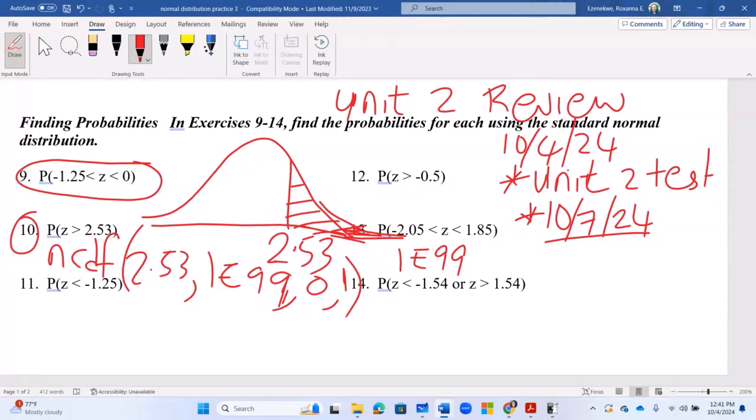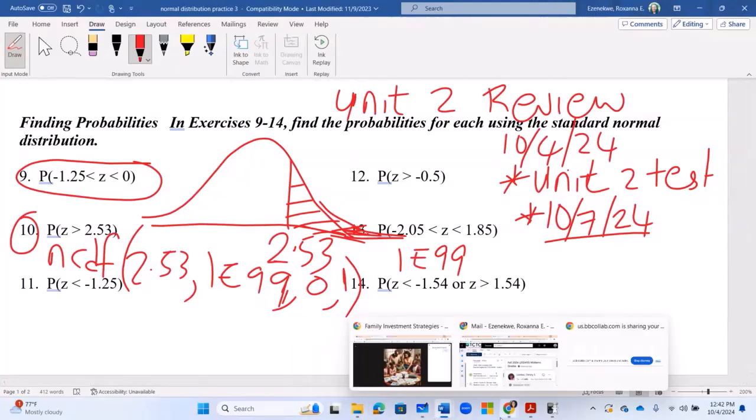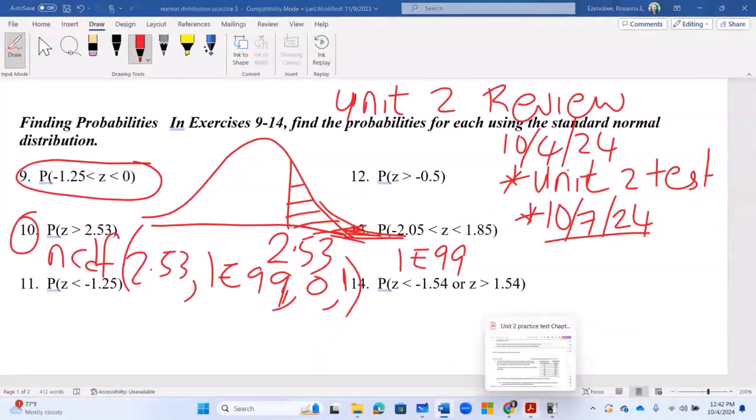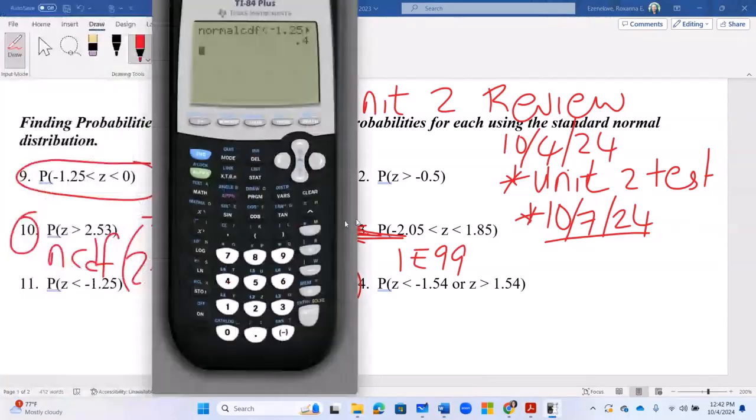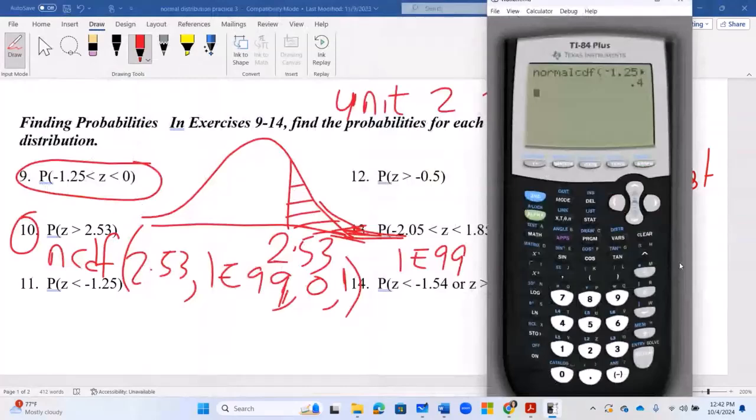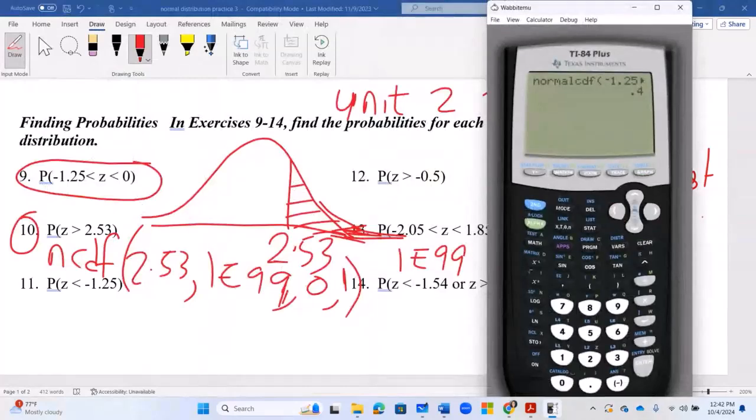So this is what I'm going to tell my calculator to find the area in the shaded region. I'm going to put my calculator up and put it in. I'm going to clear.